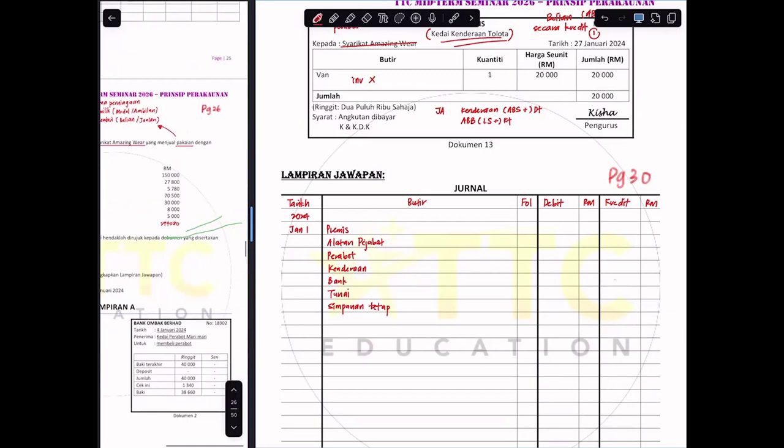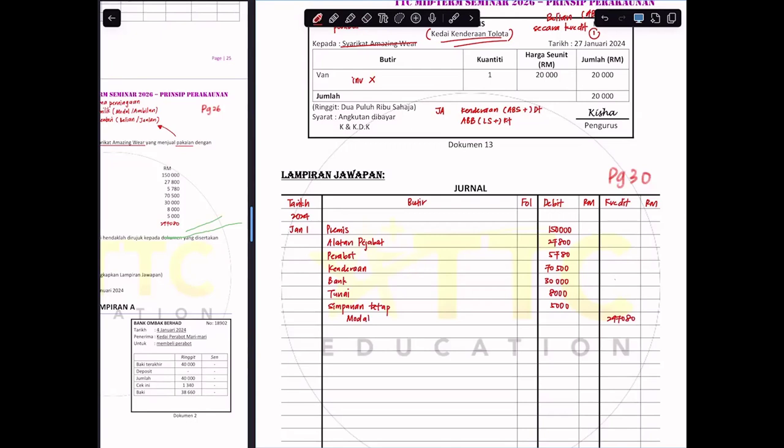Then record the values given here in debit. Then the last one in the credit side. And when you want to record the account on the credit side, remember to leave some space first, like how you leave a paragraph for your essay. Modal. And put the value in the credit side.